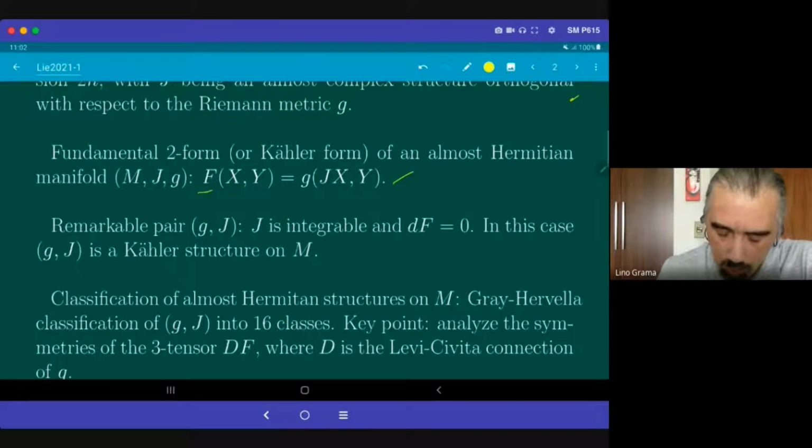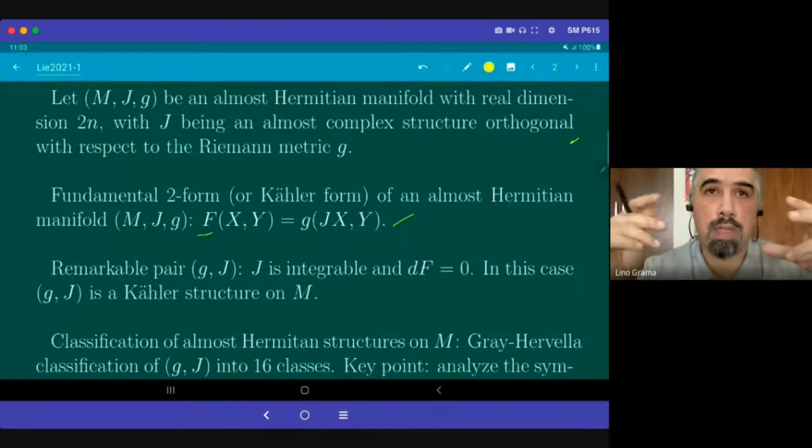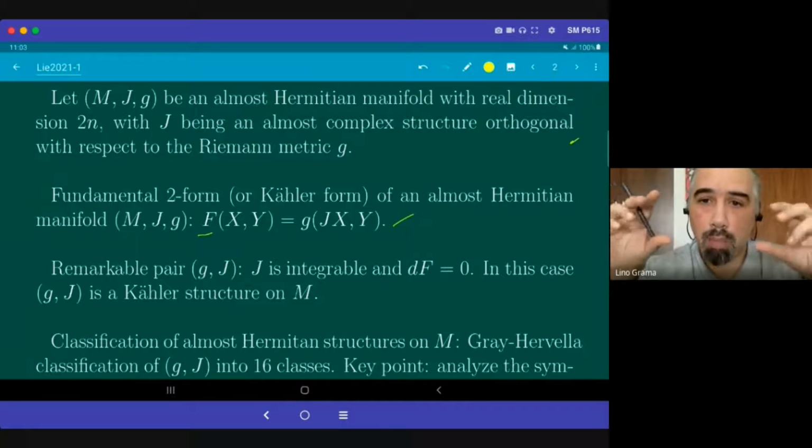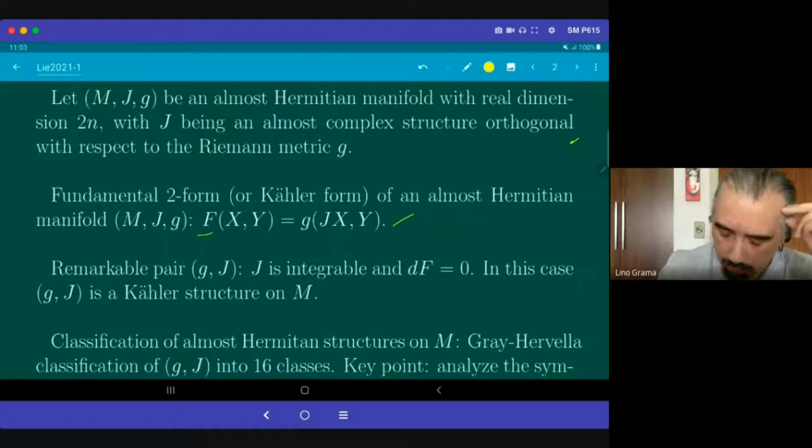And we have a remarkable pair here, when J is integrable. In this case, this manifold is a complex manifold. The change of charts is holomorphic, given by holomorphic functions. And this fundamental two-form is closed.